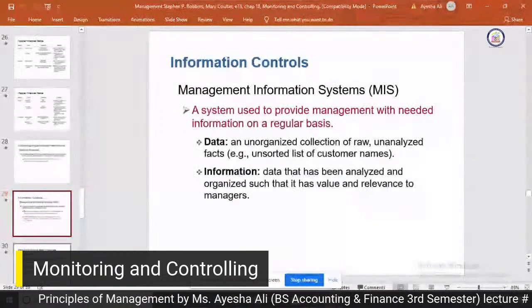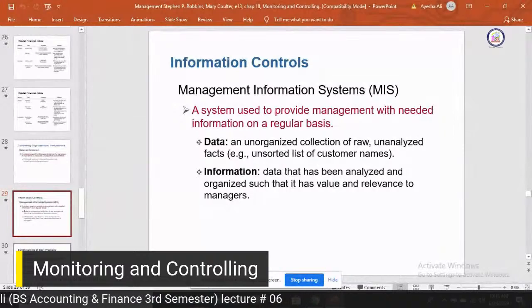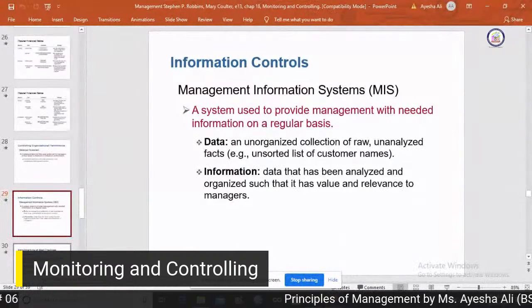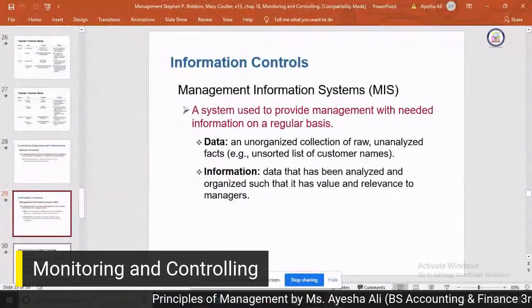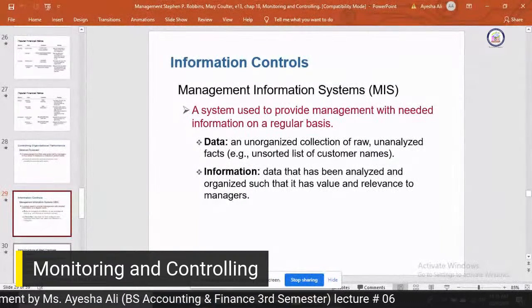Then we use it in a concerned area. So this is all about the management information system.